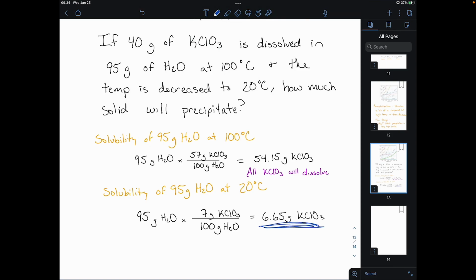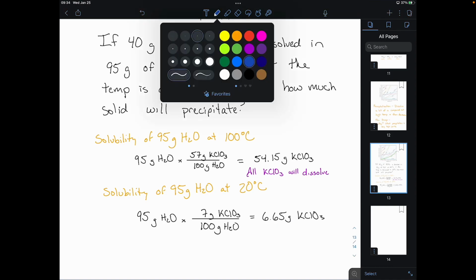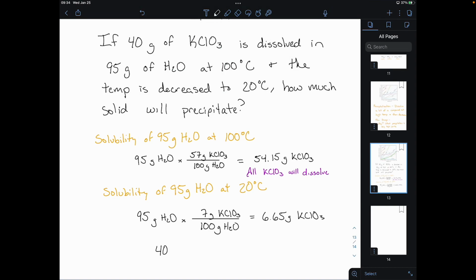That's the max that you can get into 95 grams at 20 degrees Celsius. So if I originally had 40 in there, and 6.65 remains, the difference, my 40 grams minus that 6.65 grams, is the amount that I can get back.